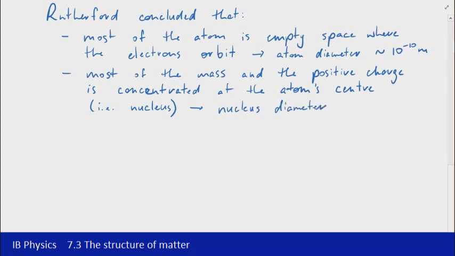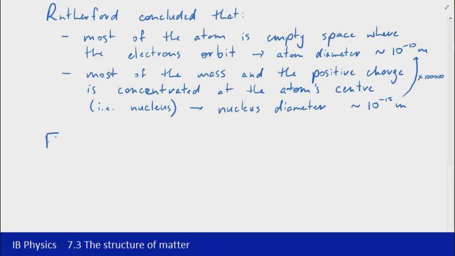So the nuclear diameter is in the order of 10 to the -15. I really want to draw your attention to the fact that the atom is a factor of 100,000 times larger. So imagine the size of the nucleus, and then go 100,000 times larger, and that is the size of the atom itself. So quite a large difference between those two.